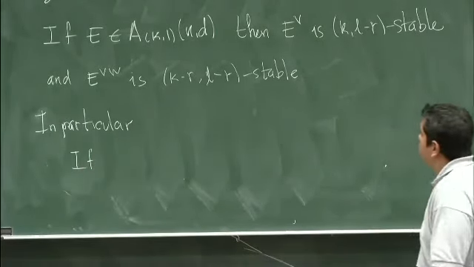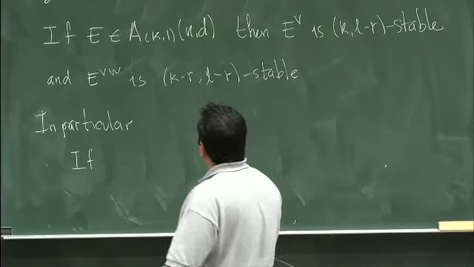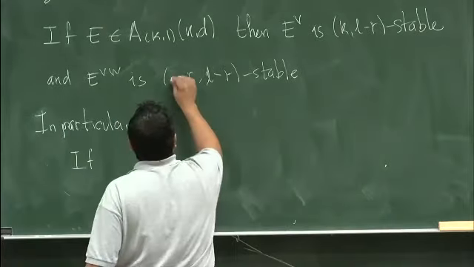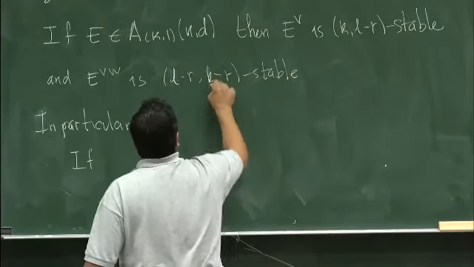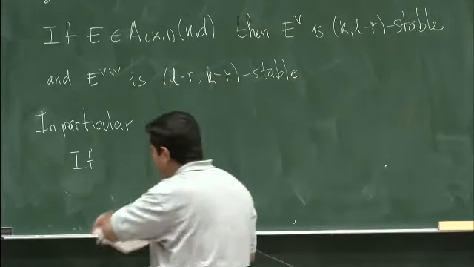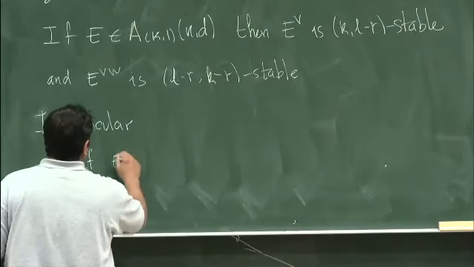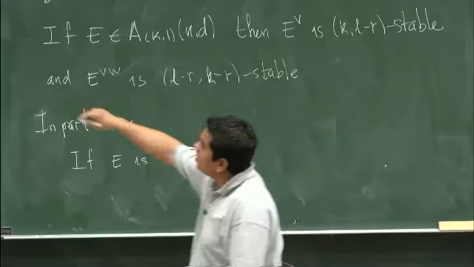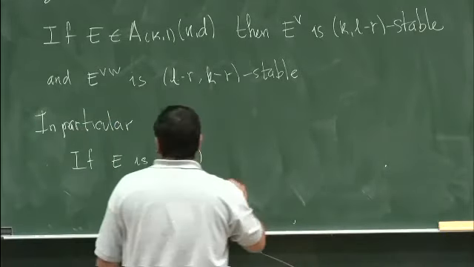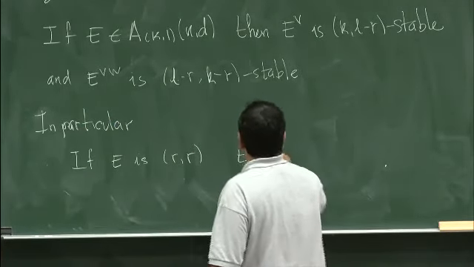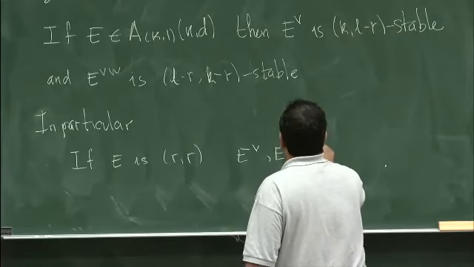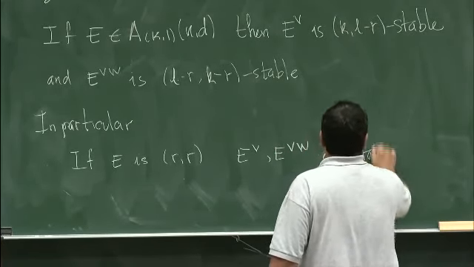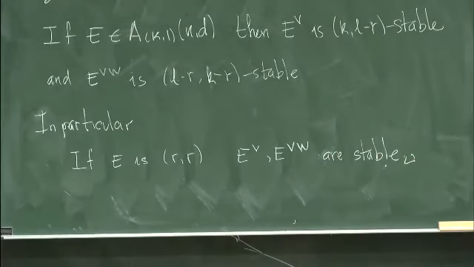Have you dualized properly there? You haven't switched the K and L around. Yes, sorry. Here, okay, in this case, sorry. Then, in particular, if E is KL stable with R the same number there, then E_V and E_VW are stable in particular.